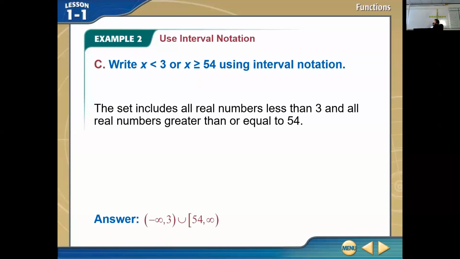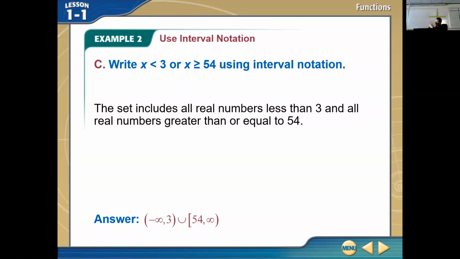Okay? Does anybody have an idea of why they use the union sign? Okay, you can see the answer that they've given us is parentheses, -infinity to 3 parentheses, union with 54 to positive infinity. And that is presented because we have the element of or. This one isn't an interval where we have numbers that are less than and numbers that are greater than that aren't included.